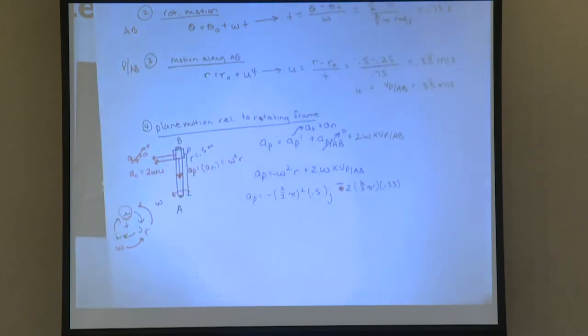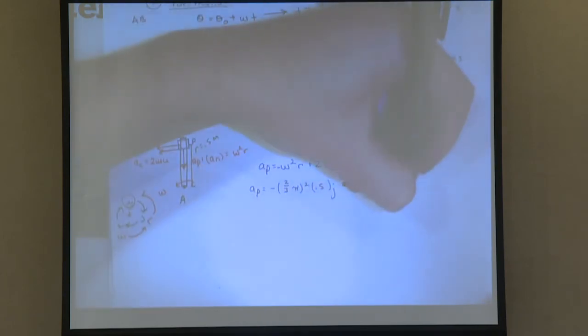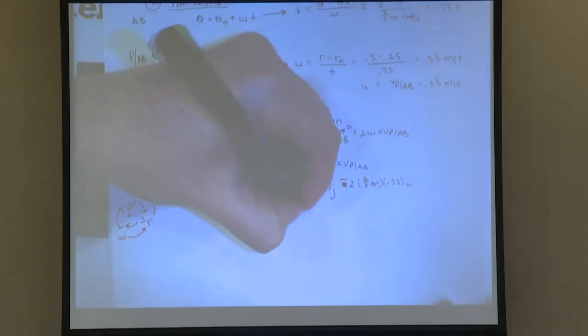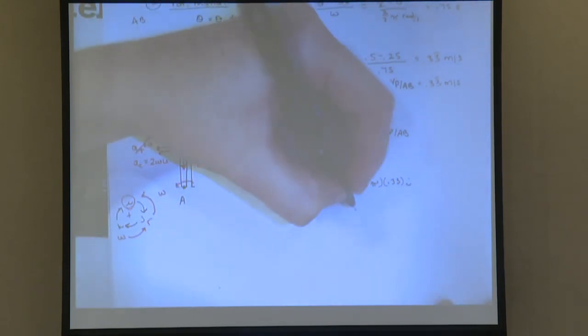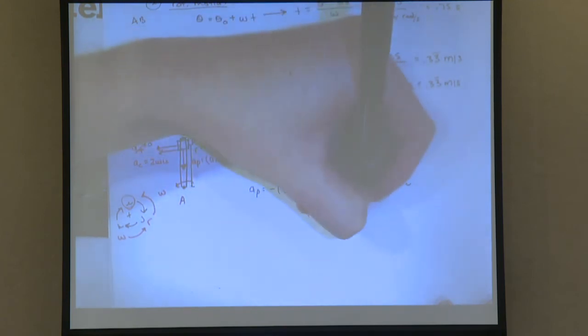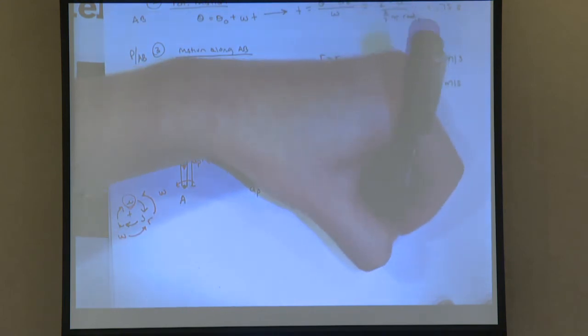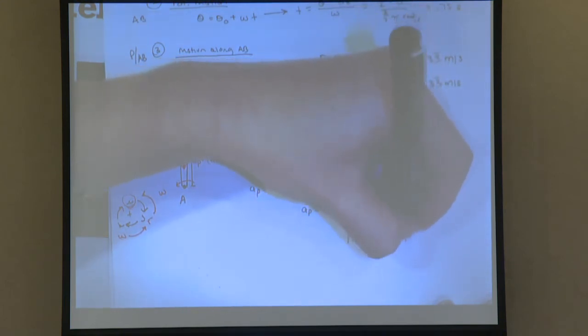And then simplifying this and solving, you get AP is negative 1.396i minus 2.193j, and then writing out the magnitude, we get 2.6 meters per second squared.